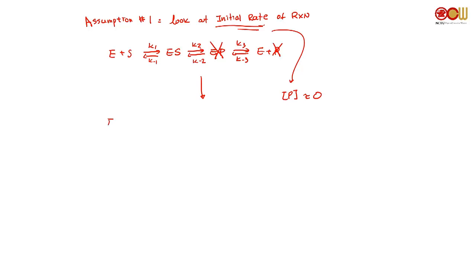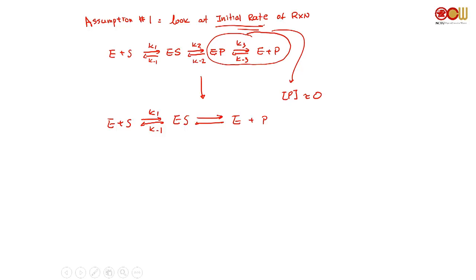So then this equation simplifies into k1, k-1, ES directly goes to E + P. So essentially we can ignore EP formation, because we're looking at the initial rate. We can combine these two together, and we call this k2, k-2.